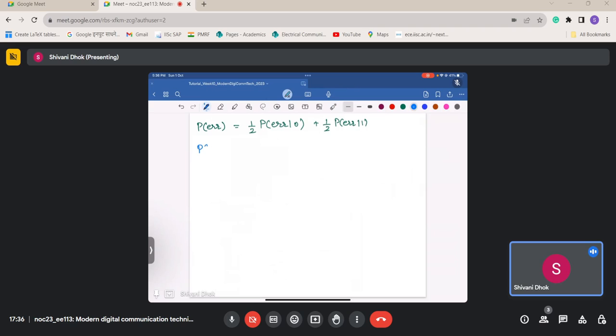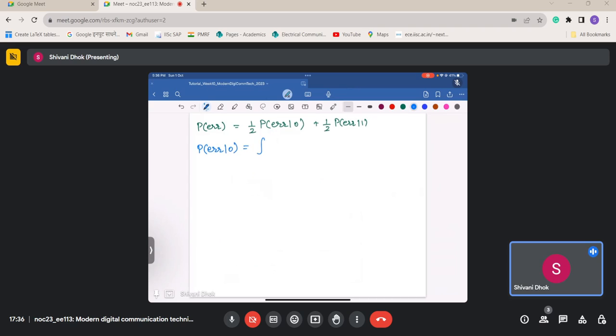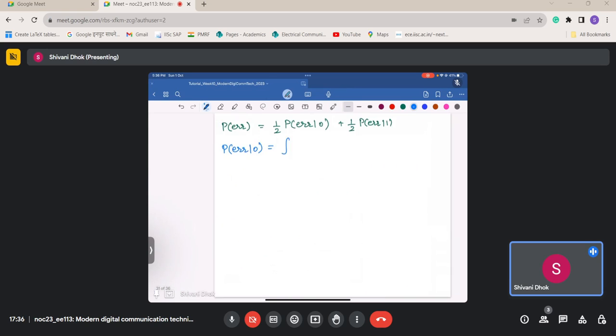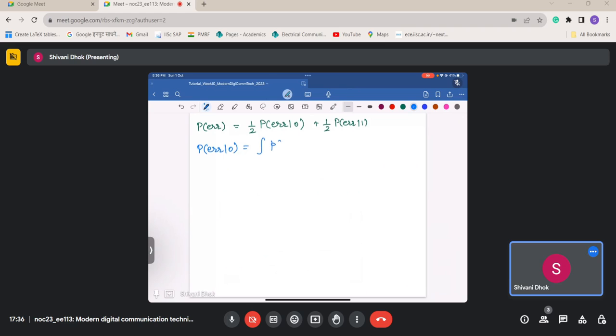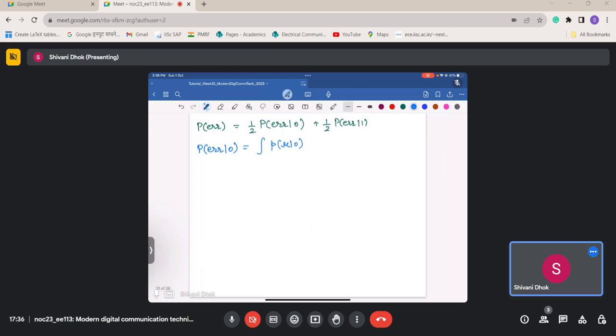So this probability of error given 0 being transmitted is given as the integral over the decision region of 1. What we need to integrate is the PDF of R given 0 over the decision region of 1, and the decision region of 1 is R greater than 0.2.